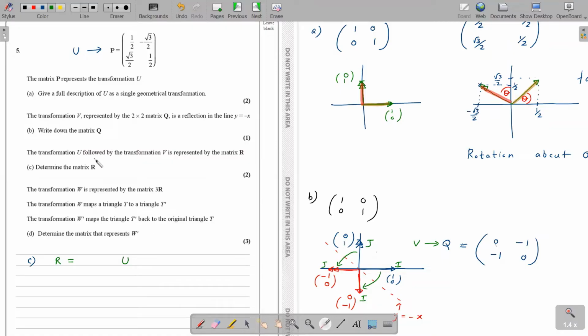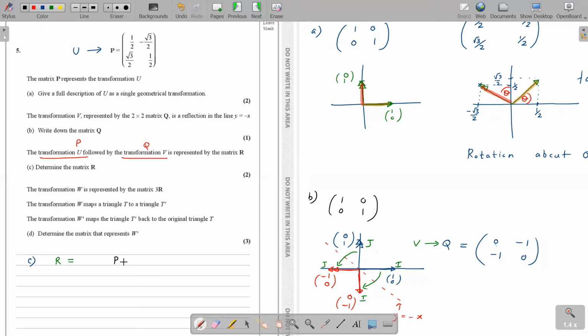So when they say transformation U followed by transformation V, U is written on the right side, V should be written on the left side. Let's write the real matrices here. Transformation U is matrix P, followed by transformation V, matrix Q. So basically it's P followed by Q. Am I supposed to write it as PQ or QP?